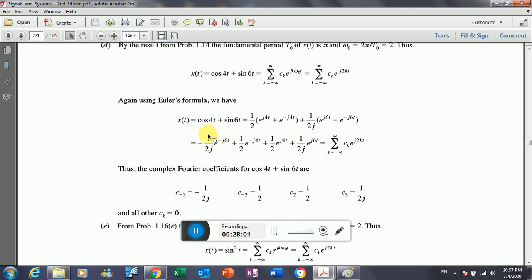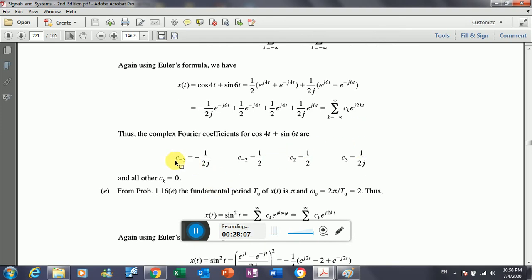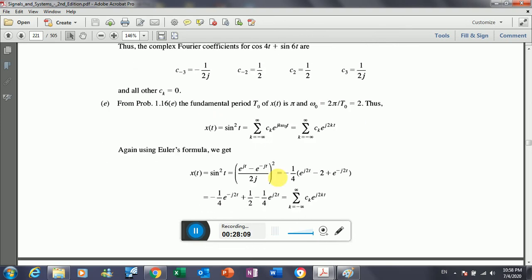So just compare all the terms with this general equation, and all other ck's are 0. Similarly, sin square t, the fundamental period of sin square t is pi by 4. We already know that from chapter 1, how to find out the fundamental period of signals.